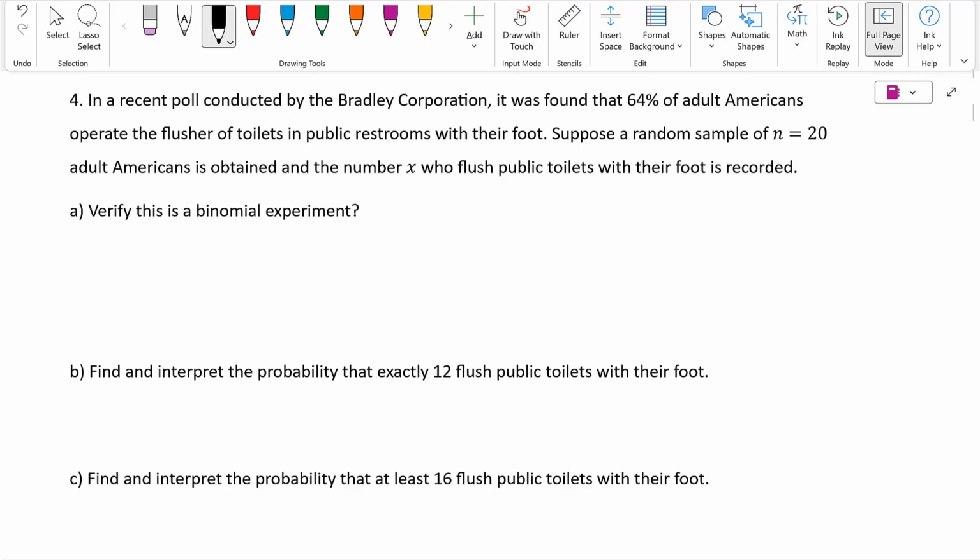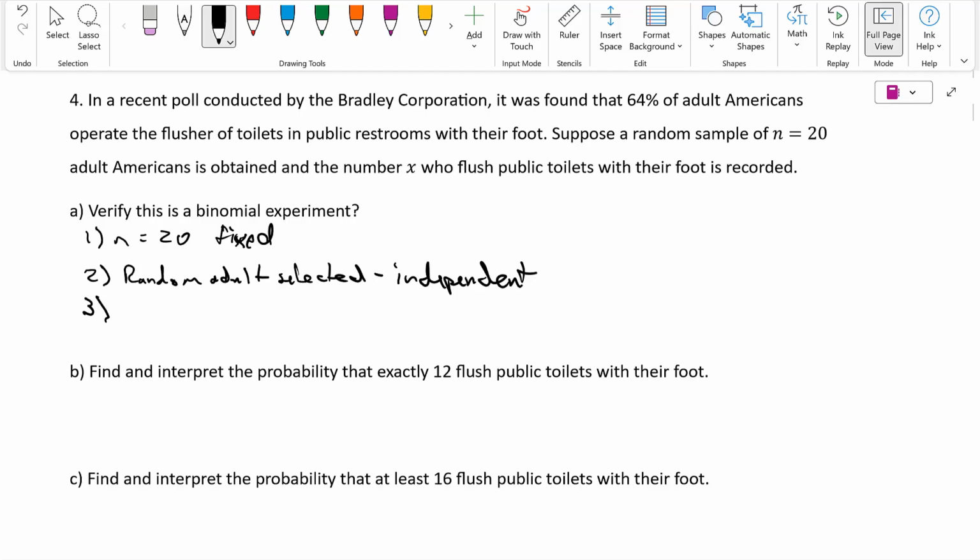For 4, in a recent poll conducted by the Bradley Corporation, it was found that 64% of adult Americans operate the flusher of toilets in public restrooms with their foot. Suppose a random sample of n equals 20 adult Americans is obtained, and the number x who flush public toilets with their foot is recorded. We want to verify this is binomial before we start. So we have an n equals 20 here, which gives us that fixed number of trials. For 2, we are choosing from all of the adult Americans, so this random sample, random adult selected, treats them all as independent.